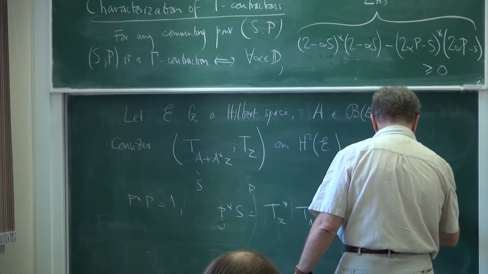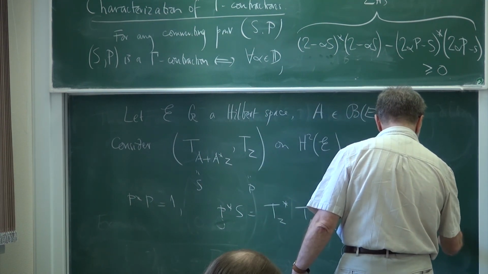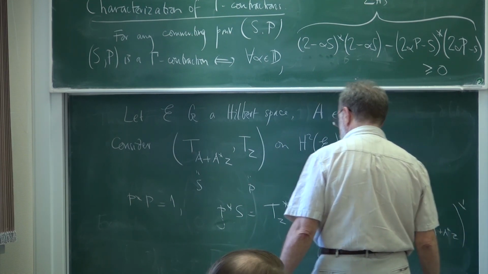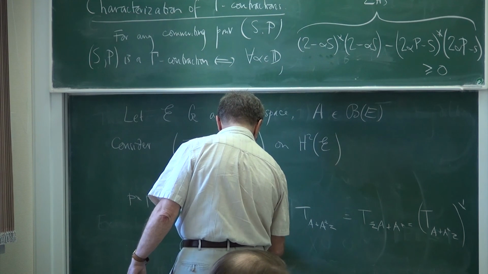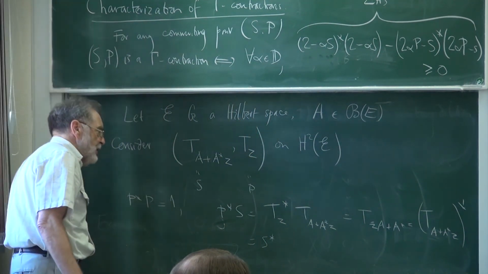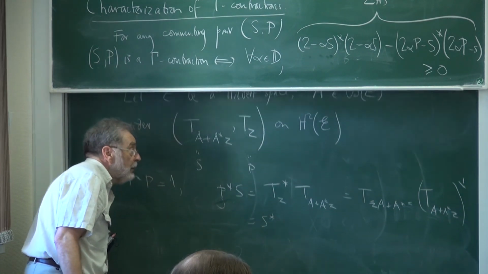So that's T of A plus A star Z, star, which is S star. So that's close to being a gamma isometry.